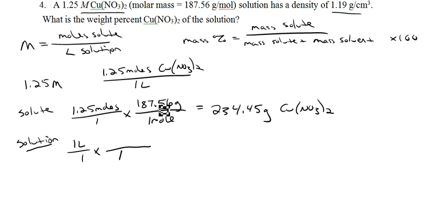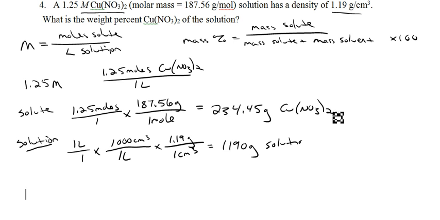So for every 1 liter there's 1,000 cubic centimeters, and then using the density of 1.19 grams per 1 cubic centimeter, this would give us 1,190, and that's grams of the whole solution, because molarity is defined as moles of solute per liter of solution.